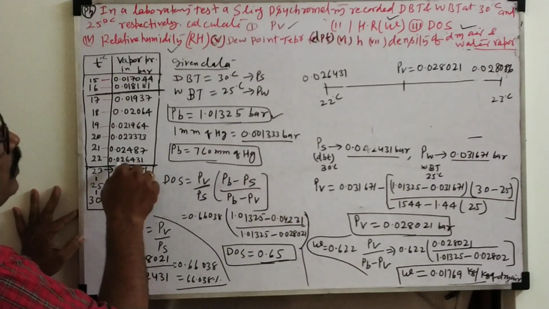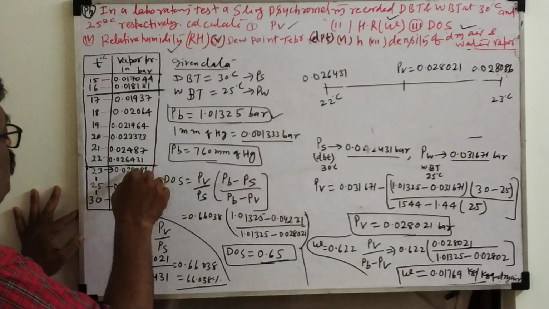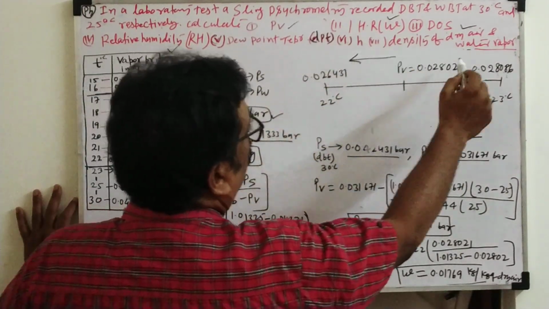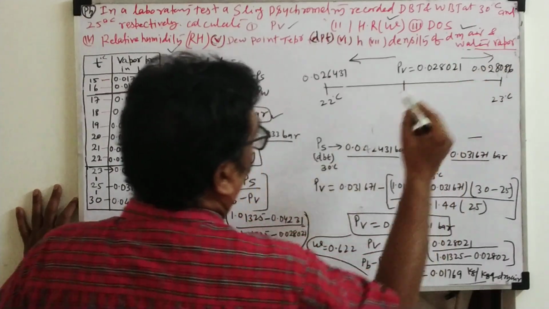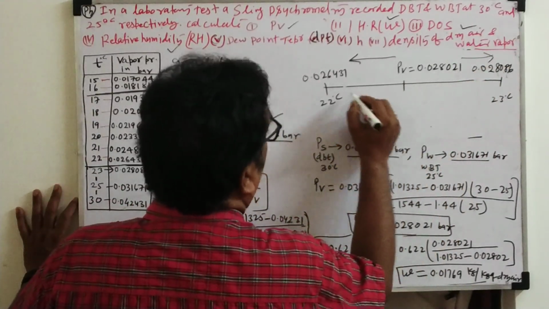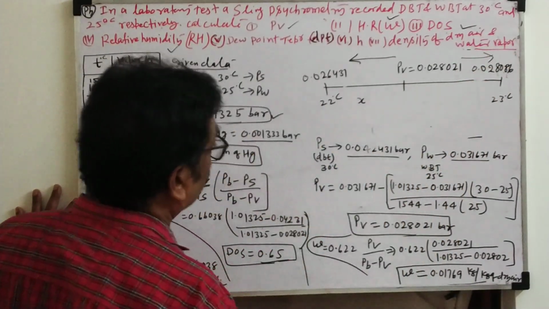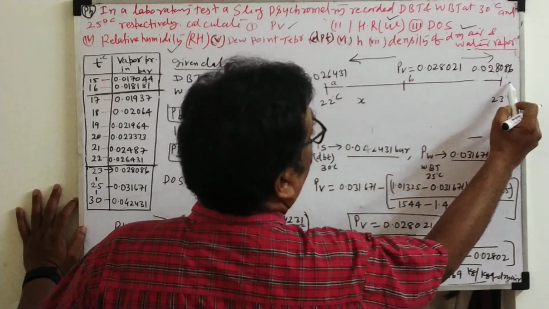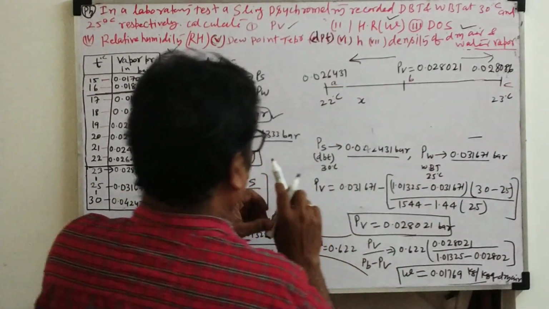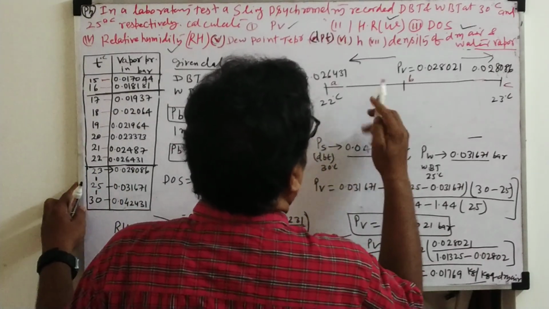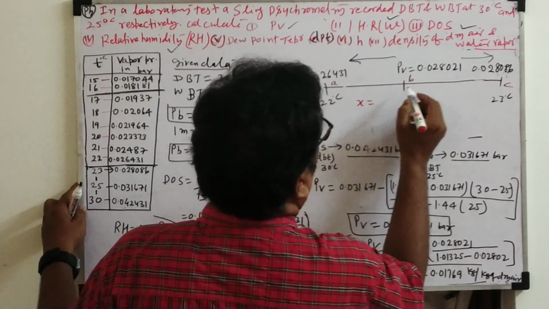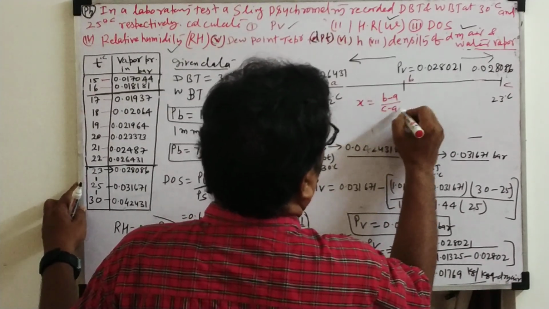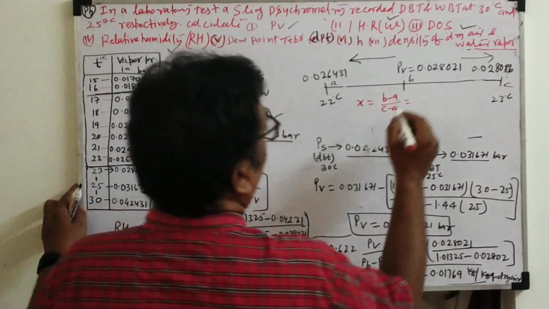So the 22 and 23 values I wrote here, one just before and one just after, and we'll get the fraction value. Suppose you take points A, B, C. This is A point, this is B point, this is C point. So what is the X formula here? By the interpolation method, we get the fraction value as B minus A by C minus A. So what is the B value?